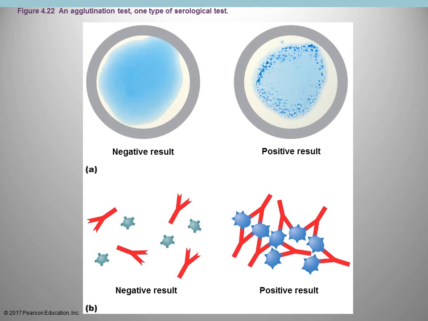Right now, you can do this two different ways. You can run a test where you have known antibodies to see if the antigen is present, meaning you have the exposure, you actually have, say, a virus, or you can test with a sample of the virus specimen and see if you have antigen or the antibody present.